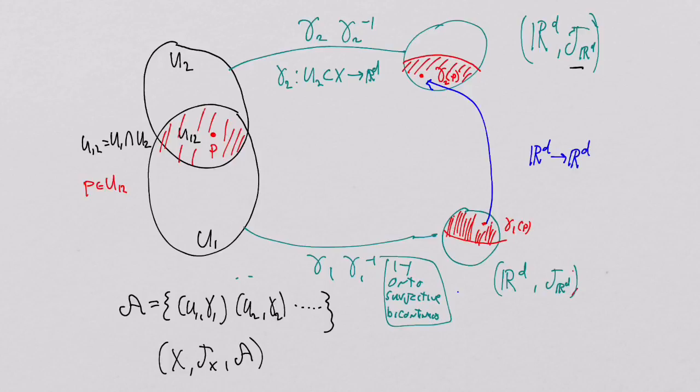Because gamma 2 doesn't work for the points in U1. It only works for the points in U1 that are also in U2. And likewise for all of the other charts, right? So that's why it's very chart specific. And when I say chart, I'm talking about the region and the map together. So I could call this the chart region, but sometimes I'll call that just the chart if I slip up.